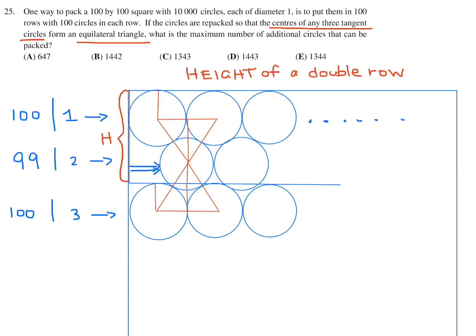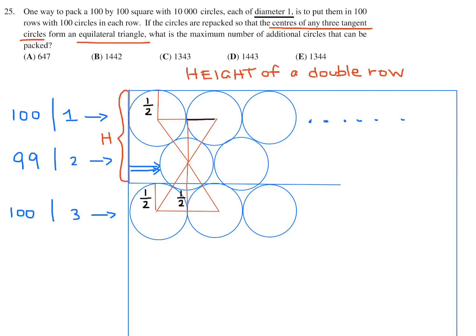Now let's start labeling the values. From here to here is the radius of the circle, and they told us that the diameter is 1, so therefore the radius is 1/2. From here to here, similarly, it's 1/2, and the distance from here to here is also 1/2, so I'll squeeze that in there.